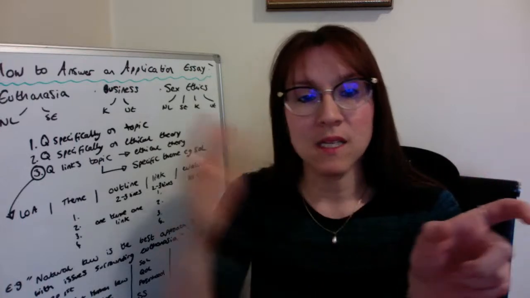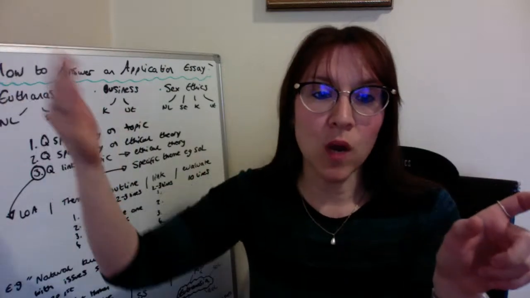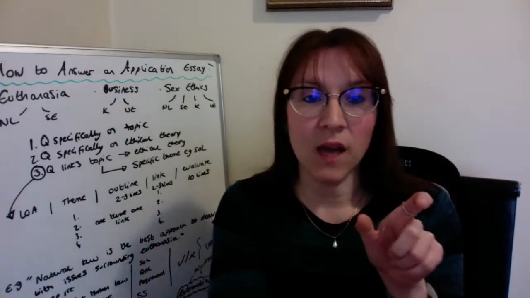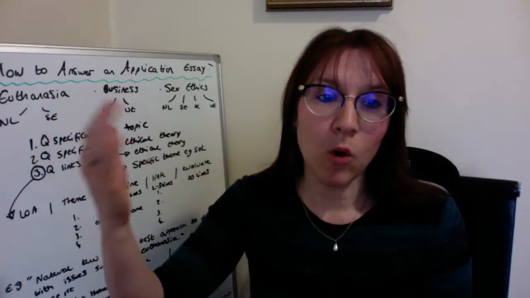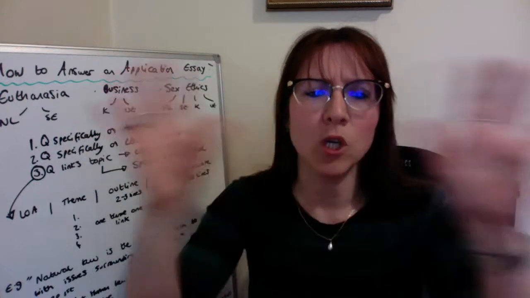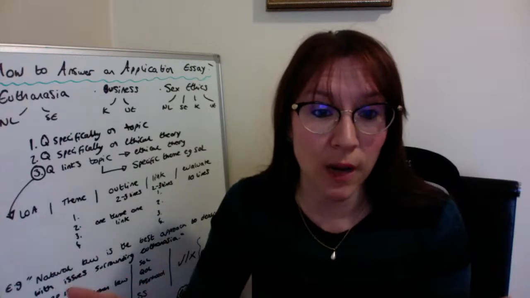So you might get it to say natural law with homosexuality, or situation ethics with sanctity of life. So it could be specific within that area as well. And that one, I've kept your mock question quite open so that you can really go down whichever angles that you want to go down.